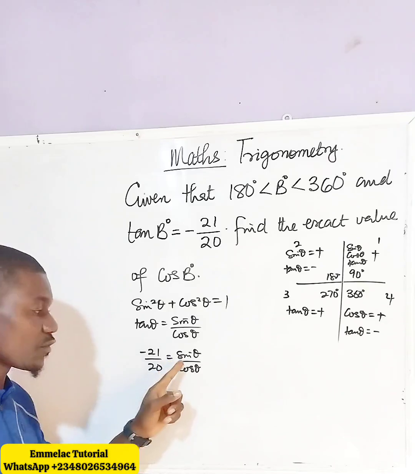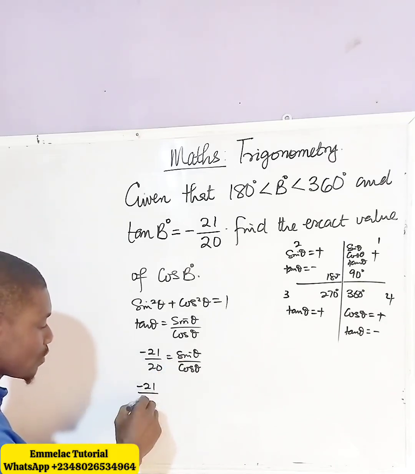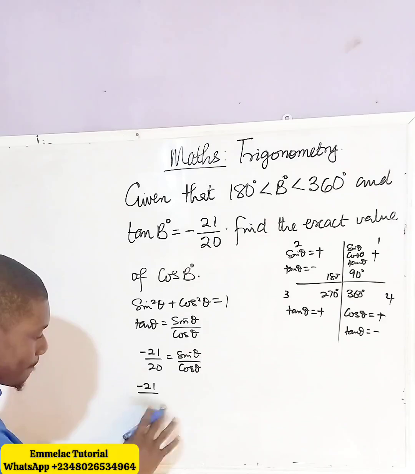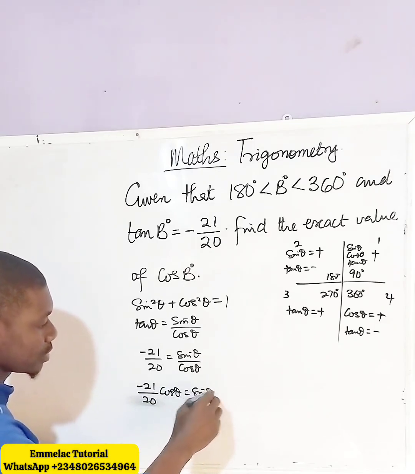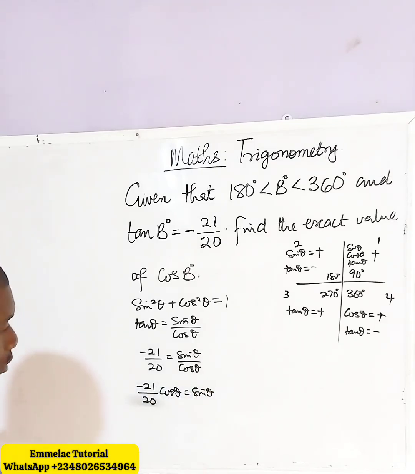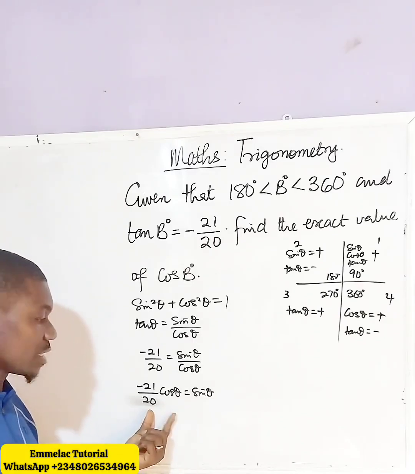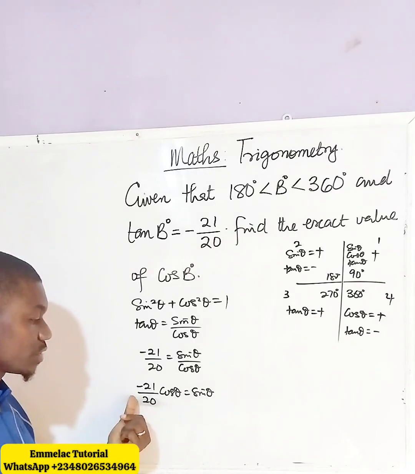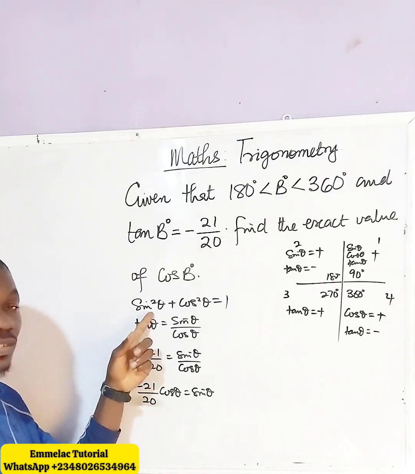Making sine theta the subject, we have minus 21 all over 20 times cos theta equals sine theta. Let us now plug in sine theta, which is minus 21 all over 20 cos theta, into this.